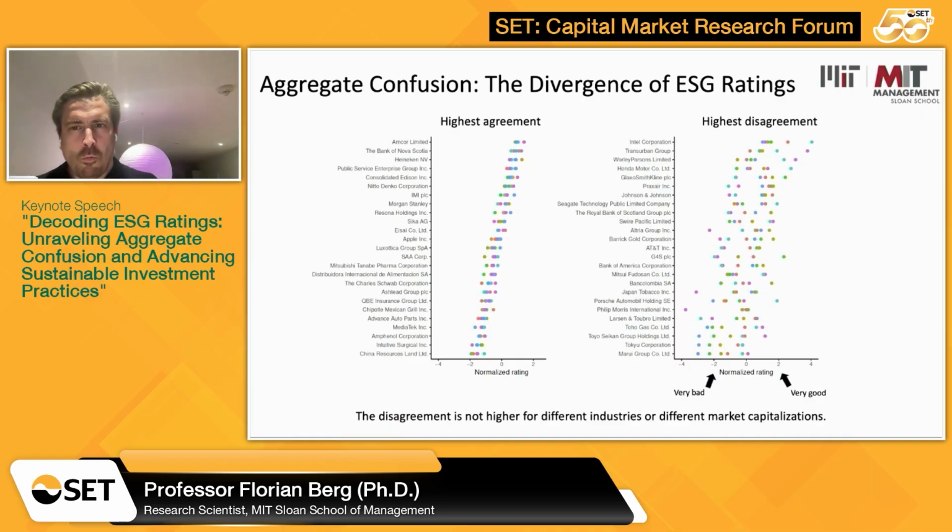And so when we observed that in the beginning of our analysis, we asked ourselves, what's driving this disagreement, this divergence? So we analyzed it statistically and looked at whether it's different industries, because maybe there's an industry that's harder to assess. Maybe industrials are harder to assess than tech companies, or the opposite.